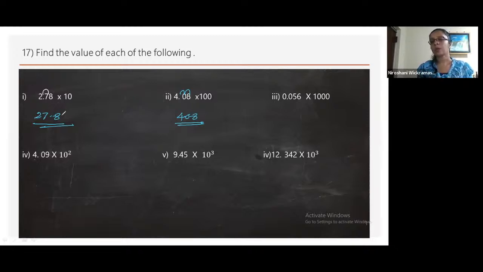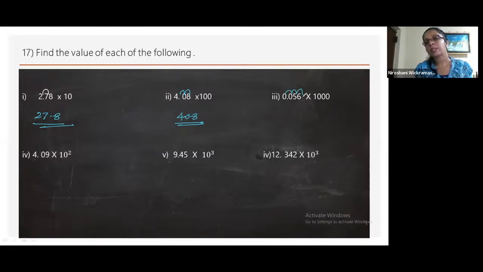Right? This works for powers of 10. Powers of 10, it is easy for us to multiply, but other numbers we are not talking about now. Only talk about 10, 100, 1000, 10,000, like that.